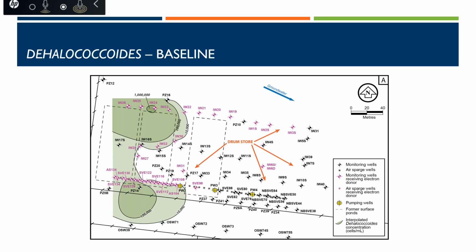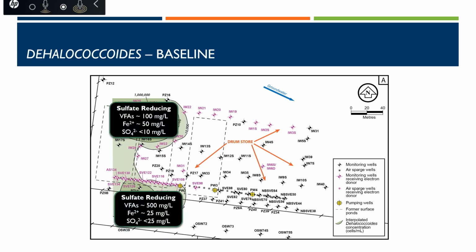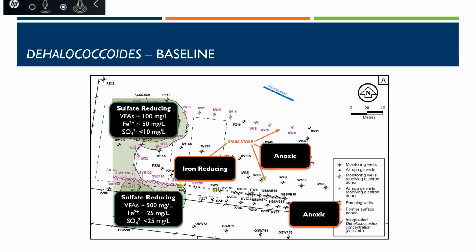The same can be said for Dehalobacter and Dehalogenimonas. Substantial populations were only detected in limited areas under sulfate-reducing conditions. Under the more mildly reducing conditions prevailing across most of the source area, halorespiring bacteria were detected, but at low concentrations.